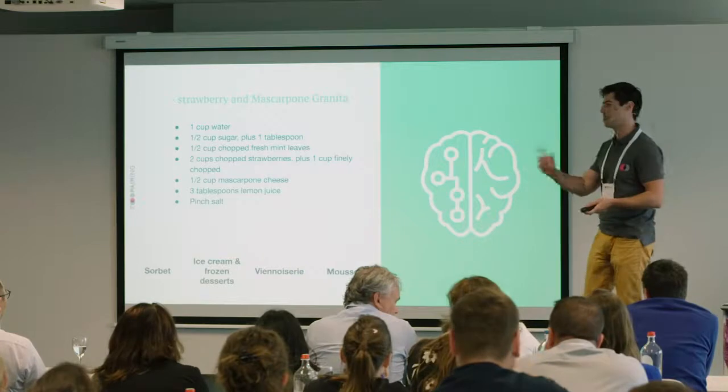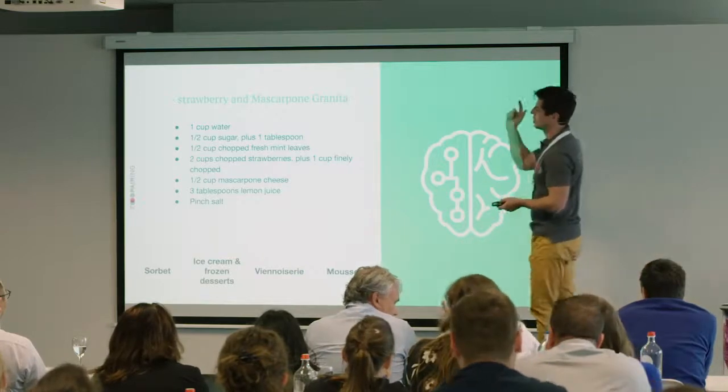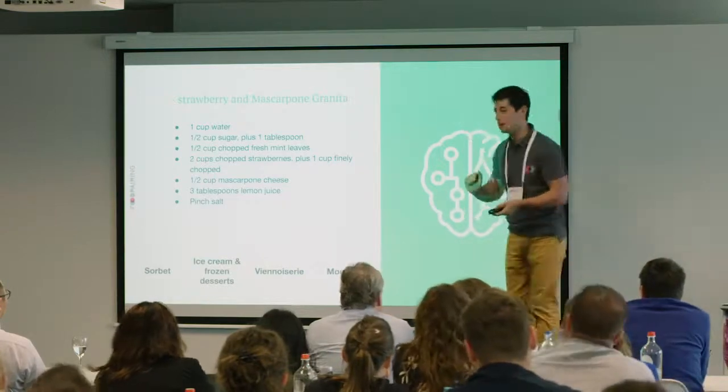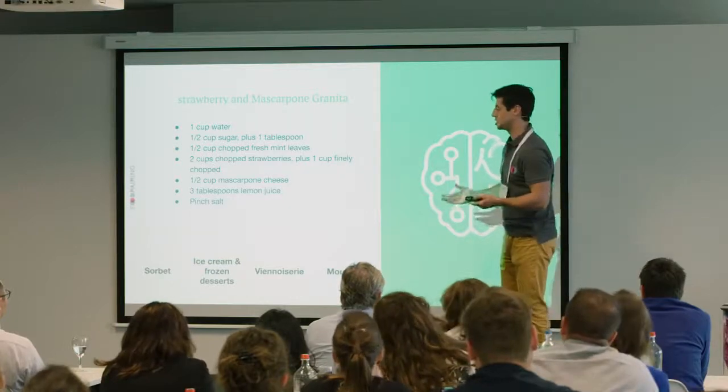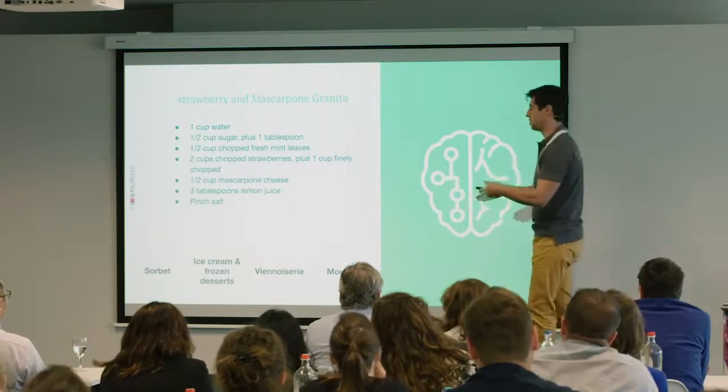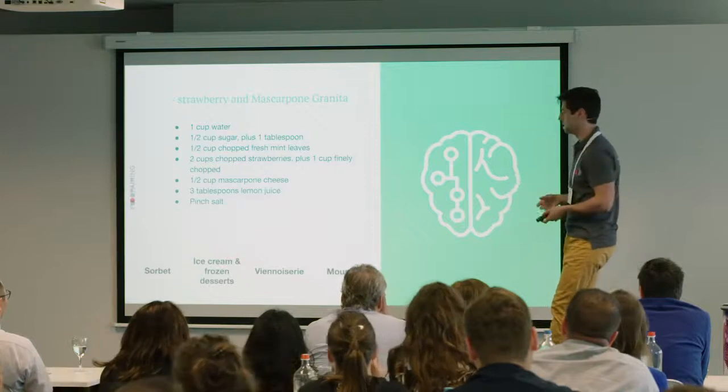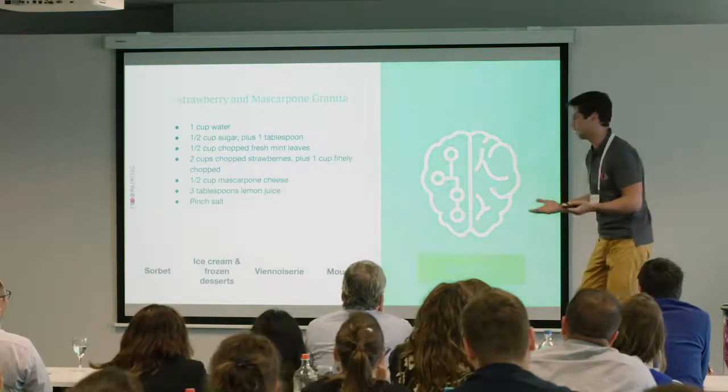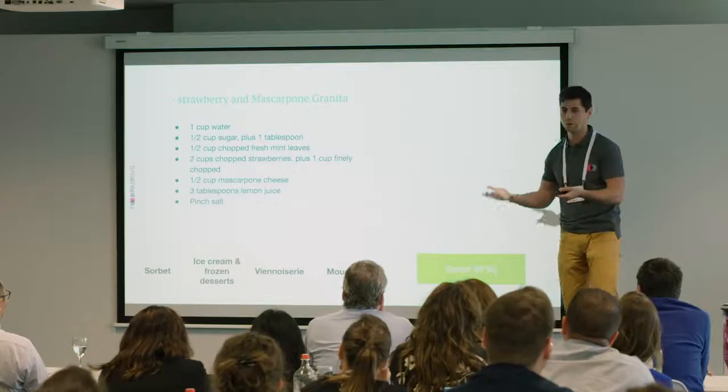And just as an example how this can switch really easily, we have a strawberry and mascarpone granita, which is either a sorbet, an ice cream, a viennoiserie, or a mousse. Not that hard, of course, it's a sorbet, it's a granita, we all know this.